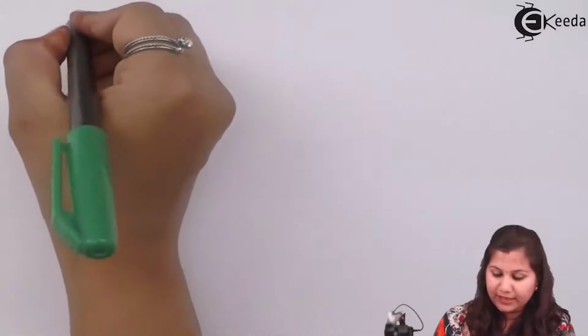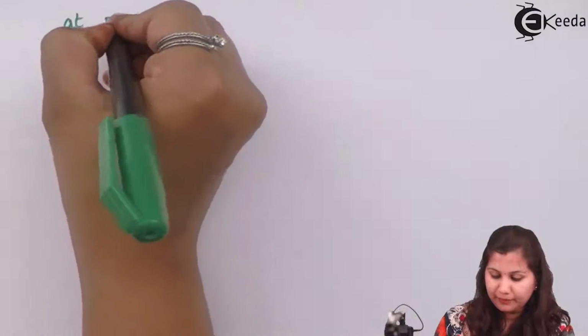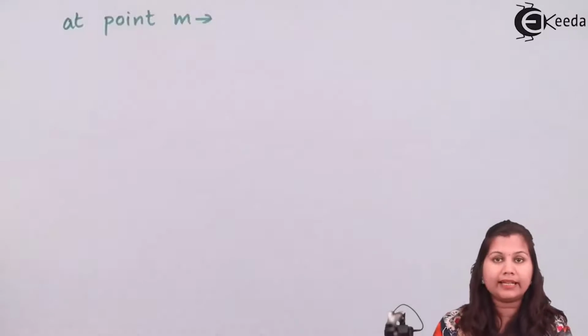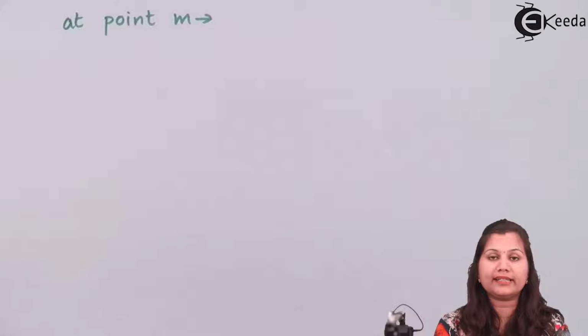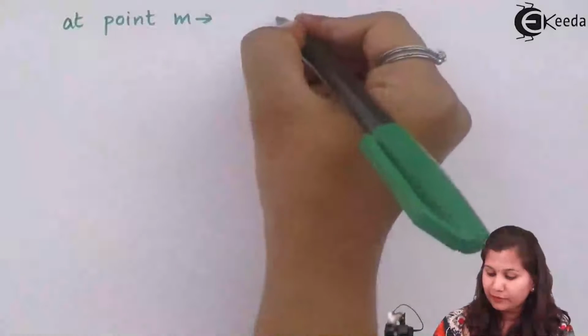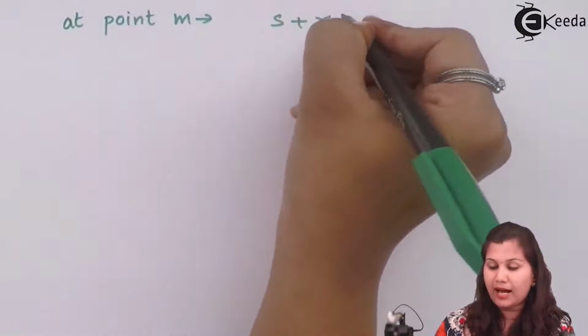When the connection is at point M, the resistance of the connecting lead, small r, is added to the standard resistance, so S will become S plus r.